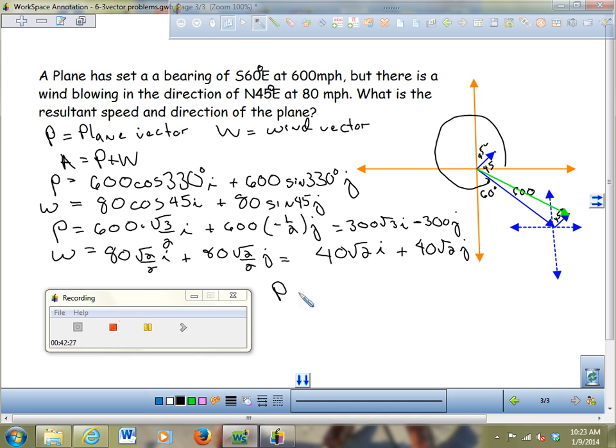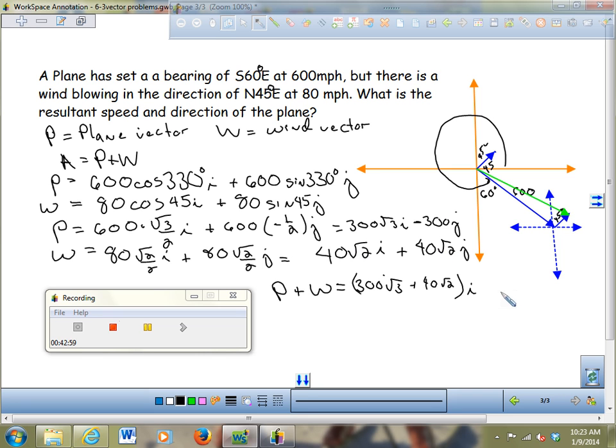So P plus W is going to be, I'm going to move because I'm twisting backwards. P plus W is going to be, no, wrong, 300 root of 3 plus 40 root of 2 in the i direction, as I'm adding together my horizontal components, right?